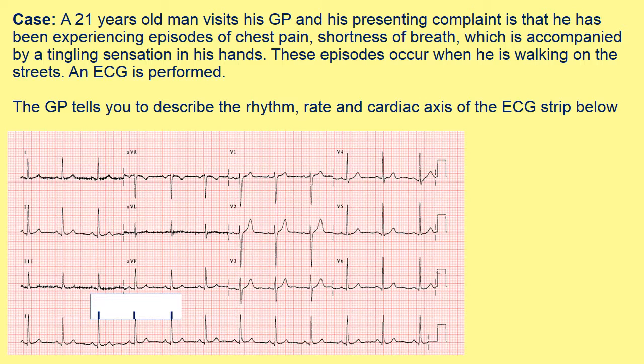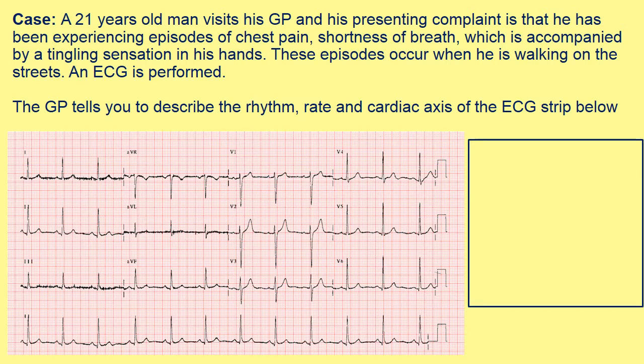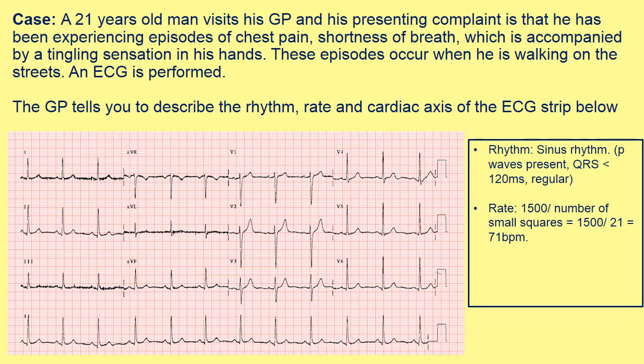So we've calculated the rhythm. We found out the rhythm to be regular and sinus. Now the next thing is to look at the rate. The formula for rate is 1500 divided by the number of small squares.